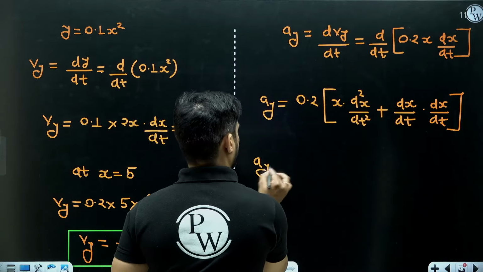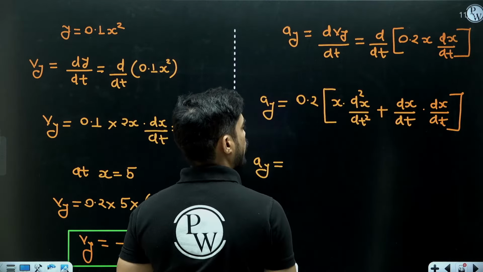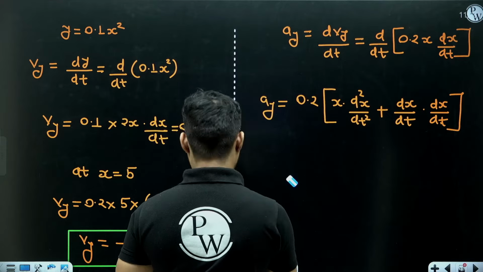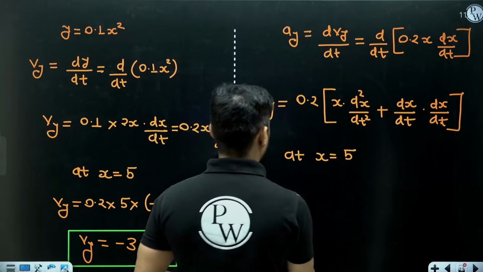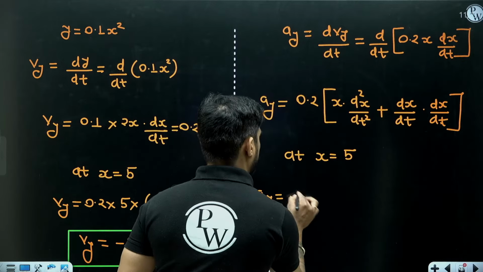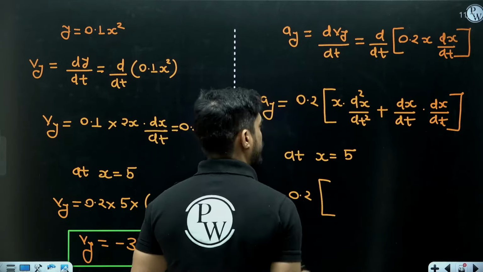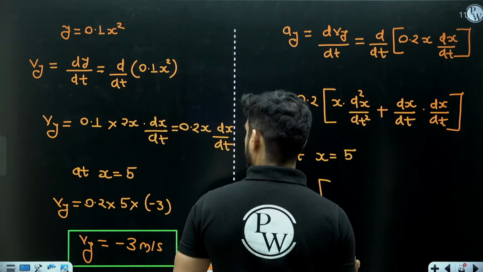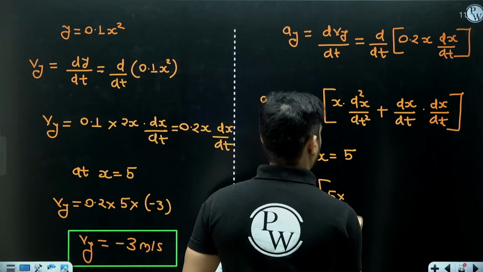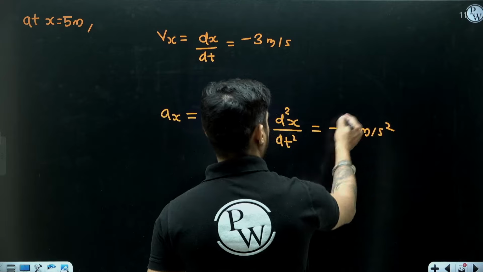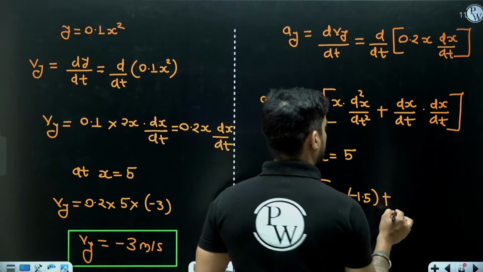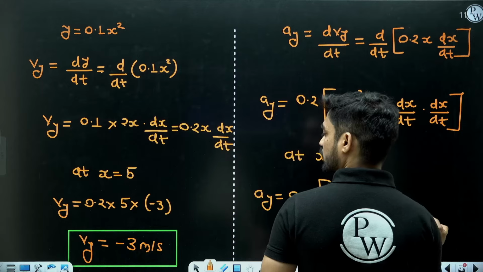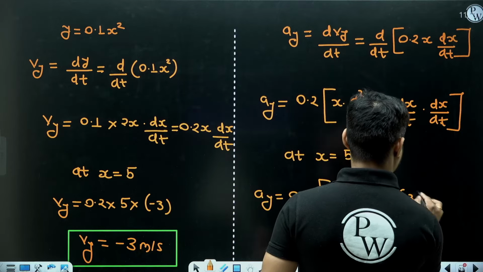Okay. Now put the value of x and dx by dt. At x equals to 5, Ay will be 0.2 into, what is the value of x? 5. What is d square x by dt square? Minus 1.5. Then dx by dt is minus 3.